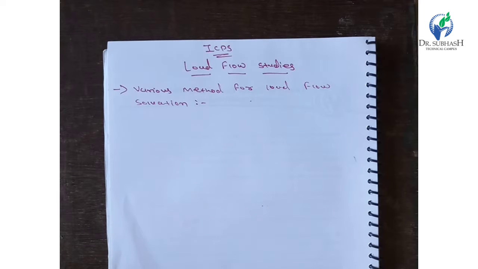For the classification of the buses, first of all we consider the load buses. Load buses are also known as PQ buses because the specified quantities in load buses are P and Q. P is the active power and Q is the reactive power.